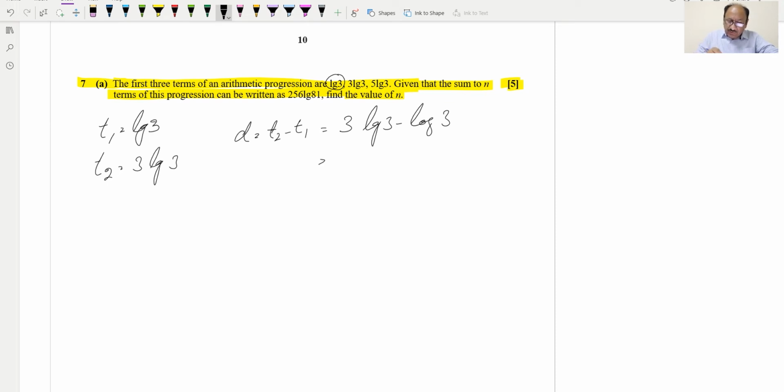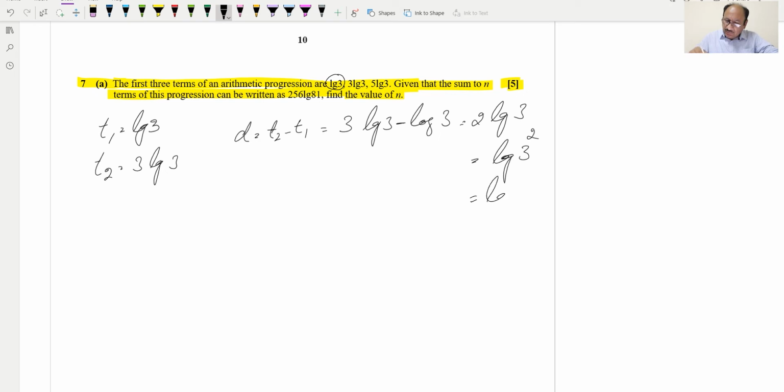Now we can shift it as a power. Before doing this, we will simplify, and this will be equal to 2 log of 3, and we can rewrite it as log of 3 squared, which will be equal to log of 9.